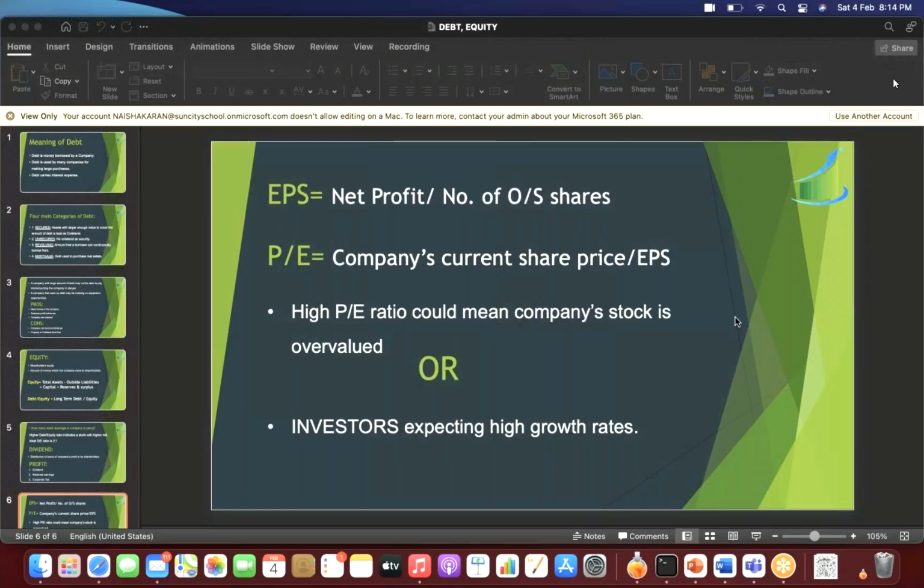Now, what do I mean by company's current share price? It is whatever the stock market is showing as its price. That is the current share price of the market.